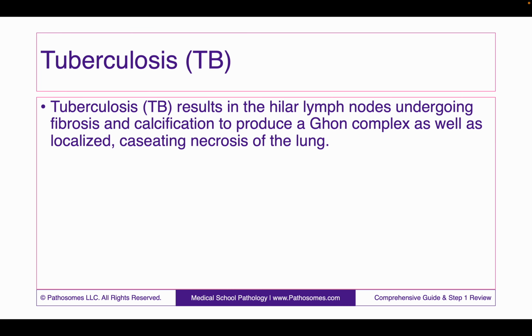Tuberculosis results in the hilar lymph nodes undergoing fibrosis and calcification to produce a Ghon complex, right? You've heard that before, I'm sure you have. A Ghon complex, as well as localized caseating necrosis, right? Classic caseating necrosis of the lung.